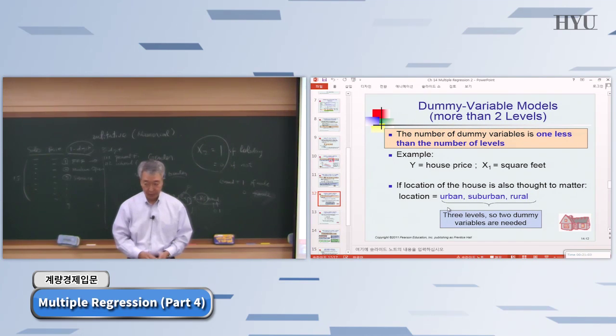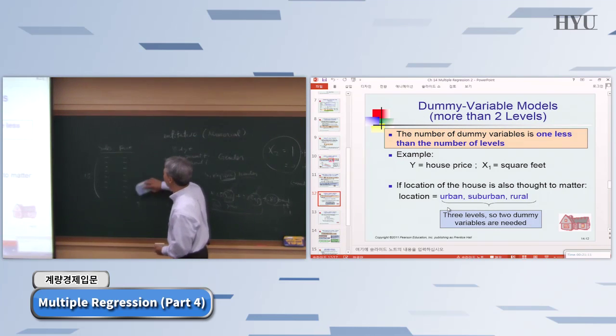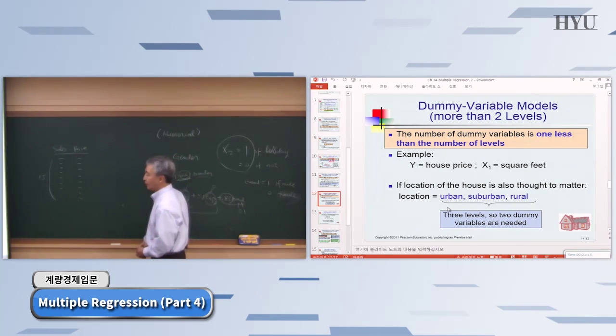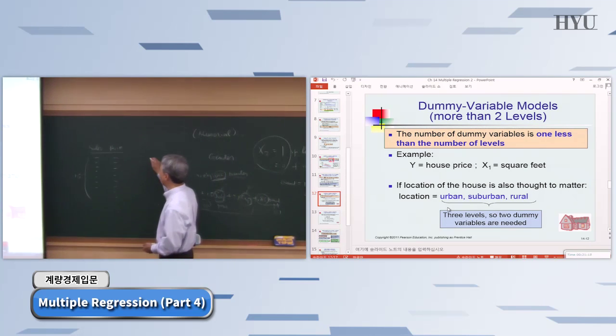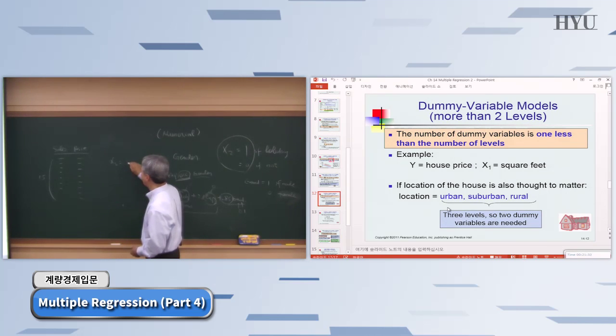How do we handle this? If I ask this to students before teaching this dummy variable class, they would say, why don't we create 3 levels: X2 is 1 if urban, 2 if suburban, and 3, or 0, 1, 2.